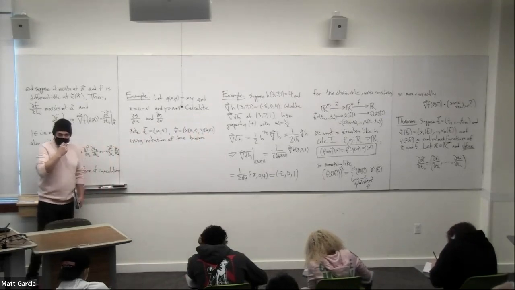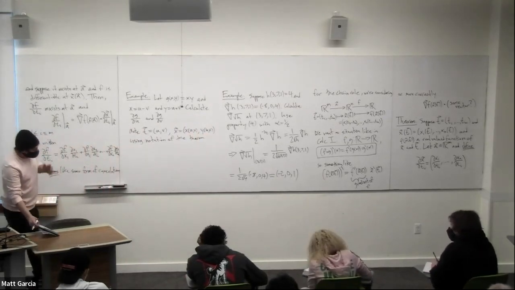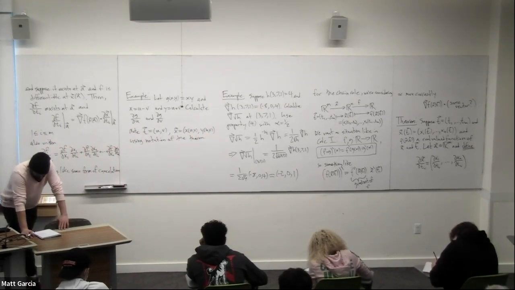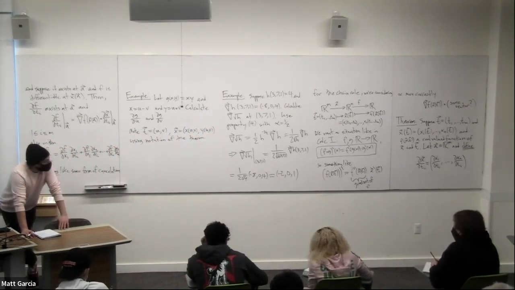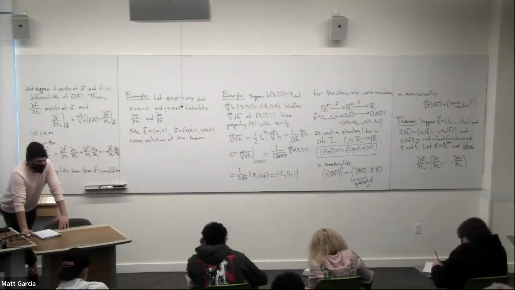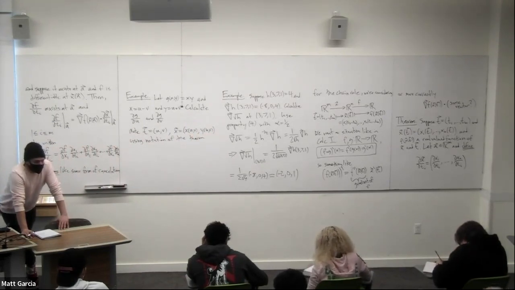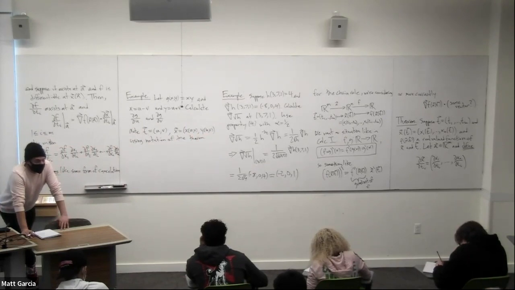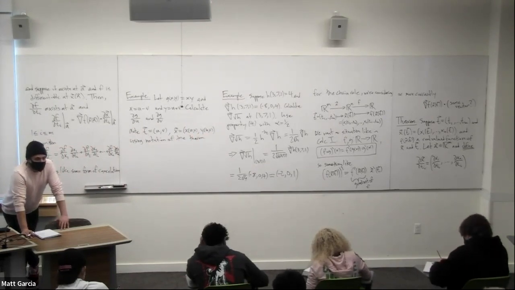Okay. So, what should we do first in order to calculate these two partial derivatives? Well, what would you like to do first? There's a few things we need to do. Doesn't really matter what order we do them in. So it's really just personal preference.